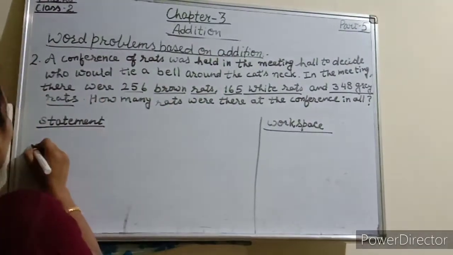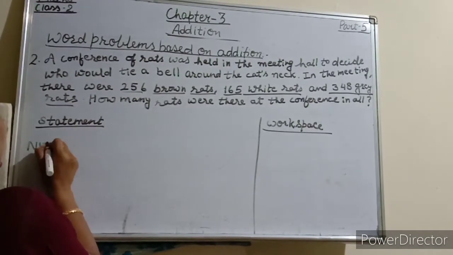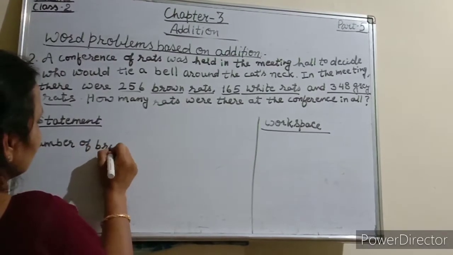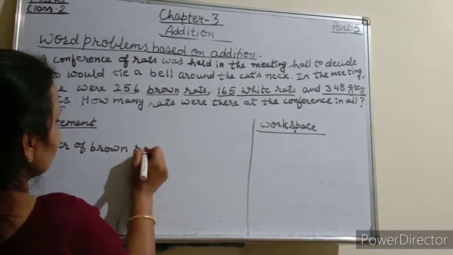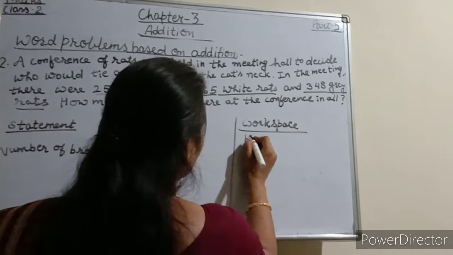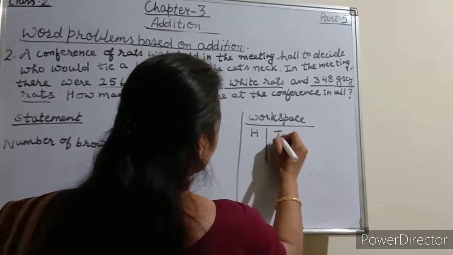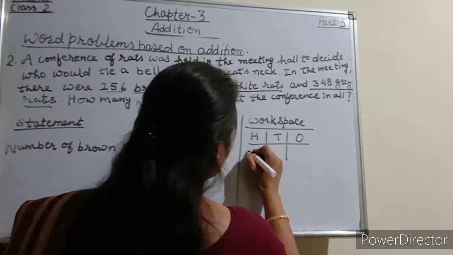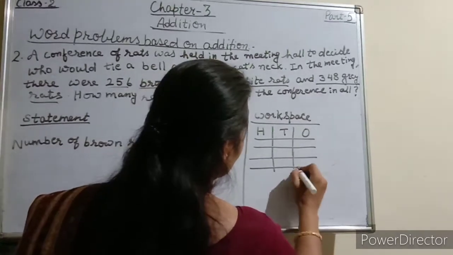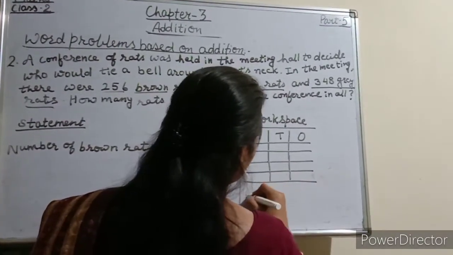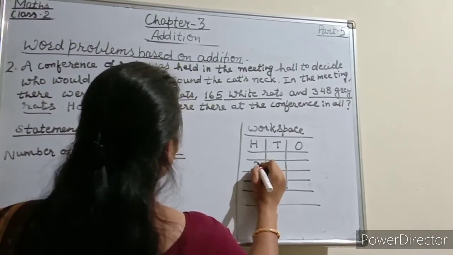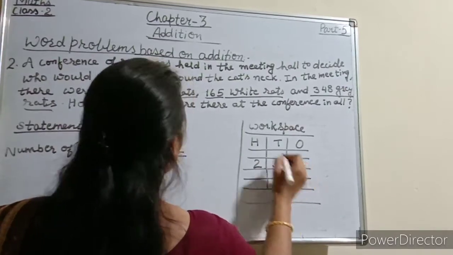So here we will write number of brown rats is equals to, see, number of brown rats 256.